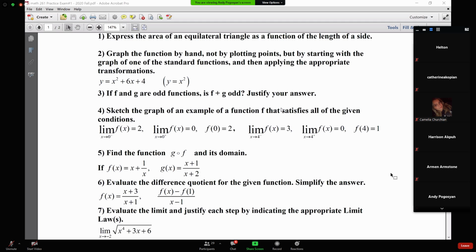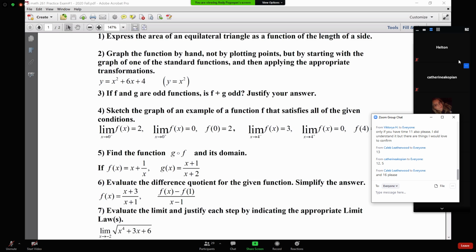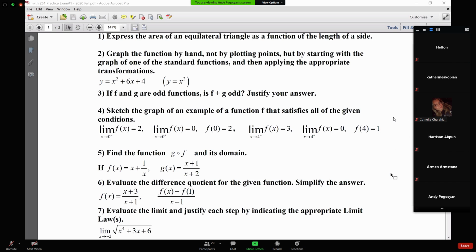So you have x approaches 0, x approaches 4, we draw it here. Okay, f at 4 is 1. 1, 2, 3, 4, 1.